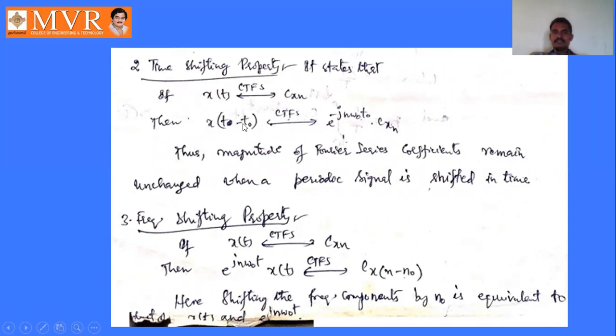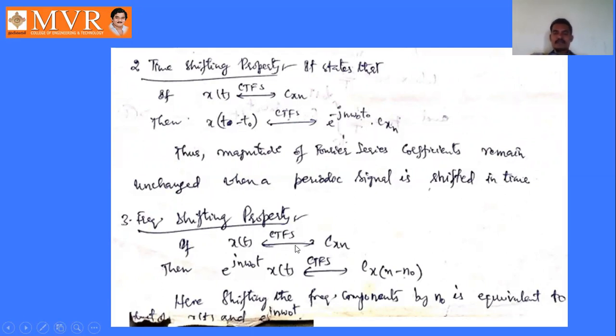The continuous time Fourier series of x of t minus t naught is e power minus jn omega naught t naught into Cxn. So the magnitude of Fourier series coefficients remains unchanged when a periodic signal is shifted in time. Here the magnitude is Cxn, the coefficient.